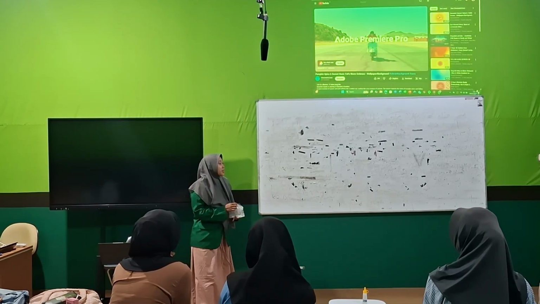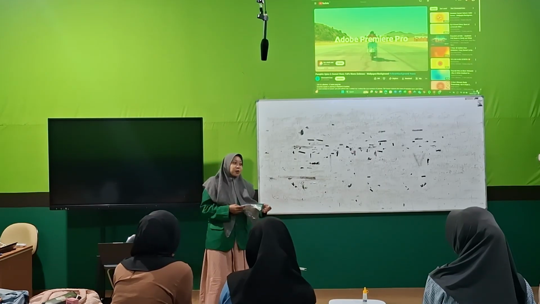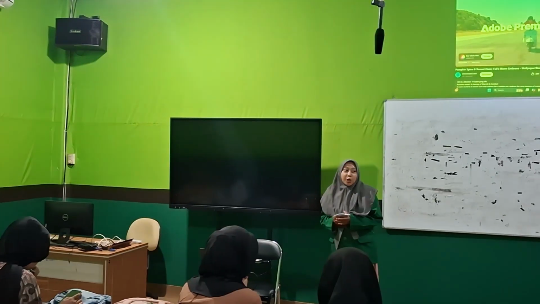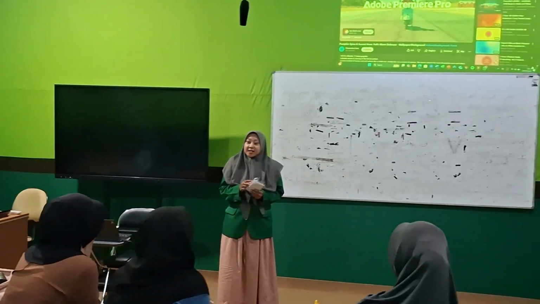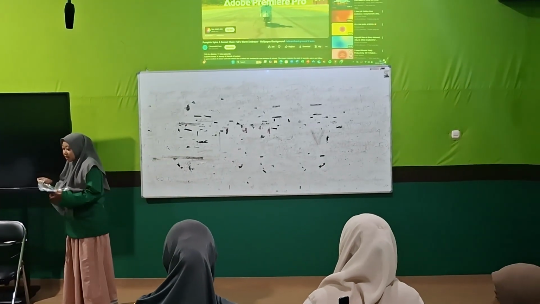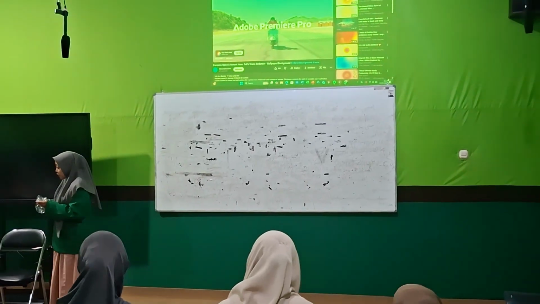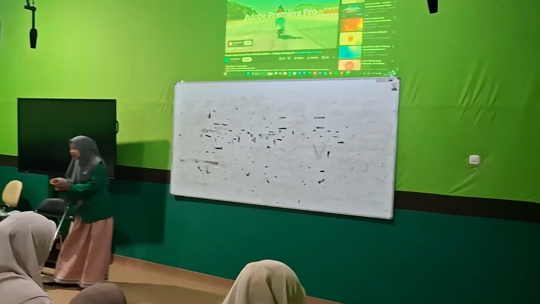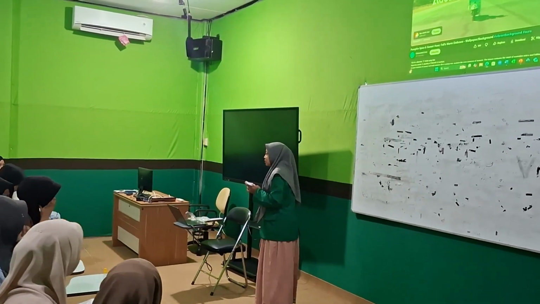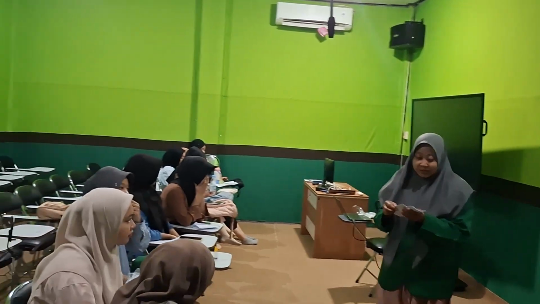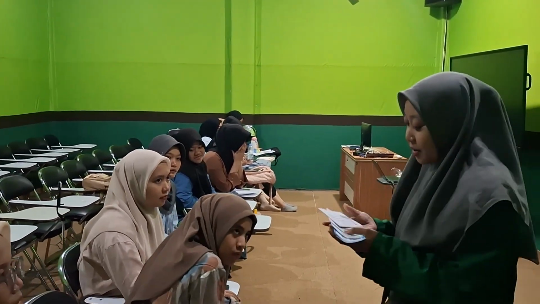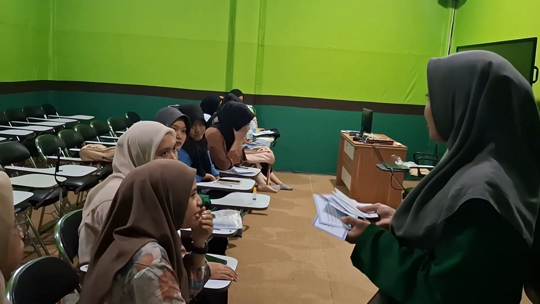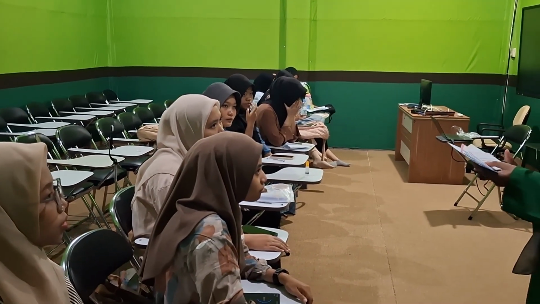Okay, that's an example of narrative text. To make you understand well about the narrative text, I want you to make a group, and I have flashcards. You must sort these flashcards to be a correct narrative text. You can choose two people.